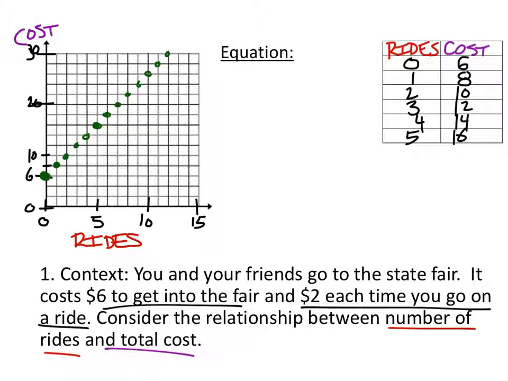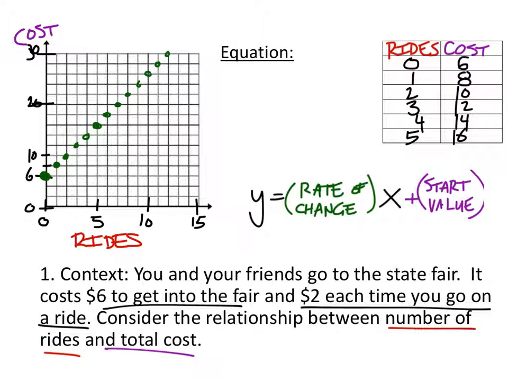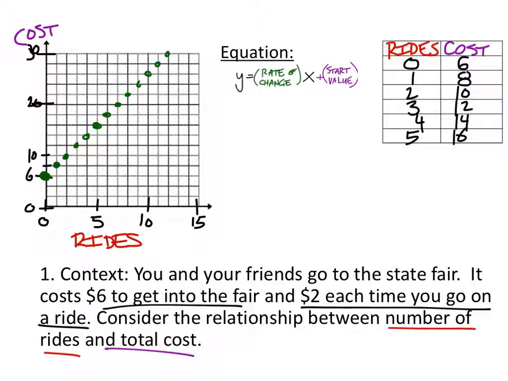So to find the equation, we're going to write it from this form that we've been looking at: y equals the rate of change times x plus the starting value. All right, so our equation is going to look pretty much the same. y equals the rate of change multiplied by x. We just need the rate of change on this one. Let's see if we can figure that out. The rate of change is shown in the table between the values, which we've already looked at.